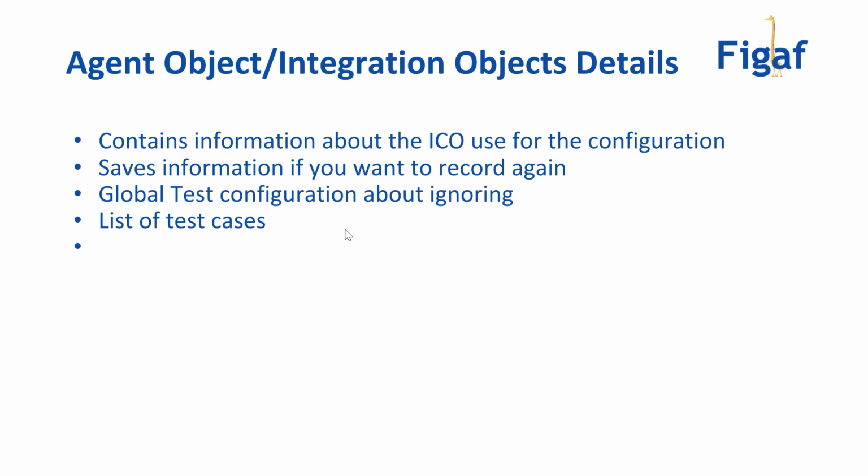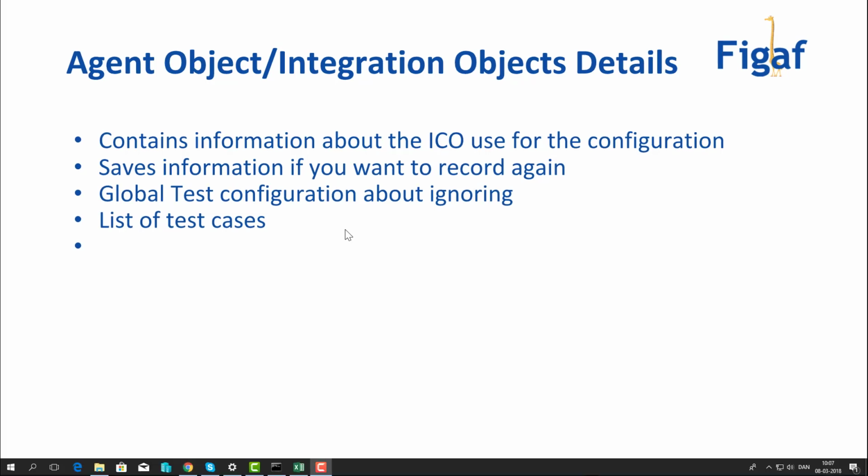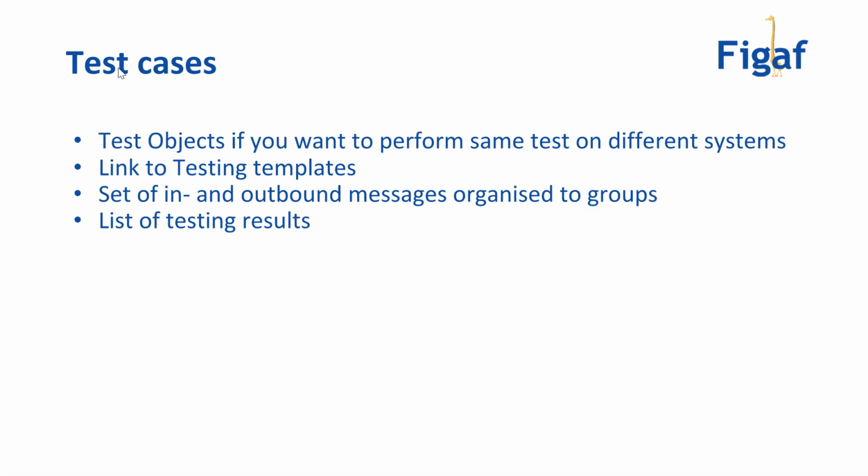So it contains the header information about the ICO. It enables you to save information that you want to record again. So if you want to do a recording again, it's also saved here. And then it contains global configuration about which elements to ignore, and a list of the test cases that this one has.